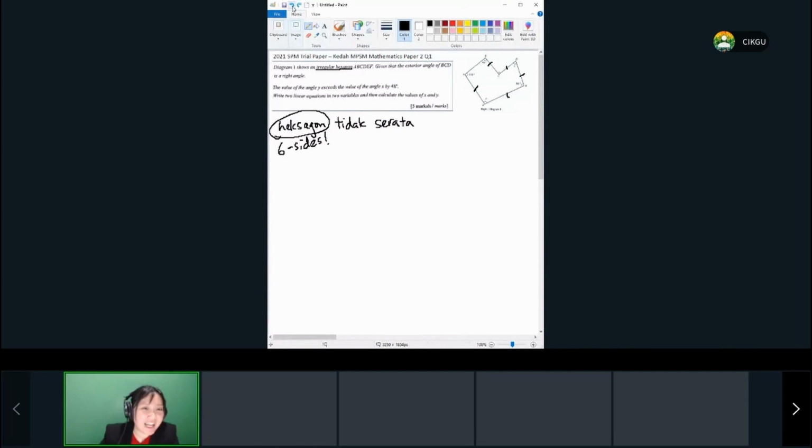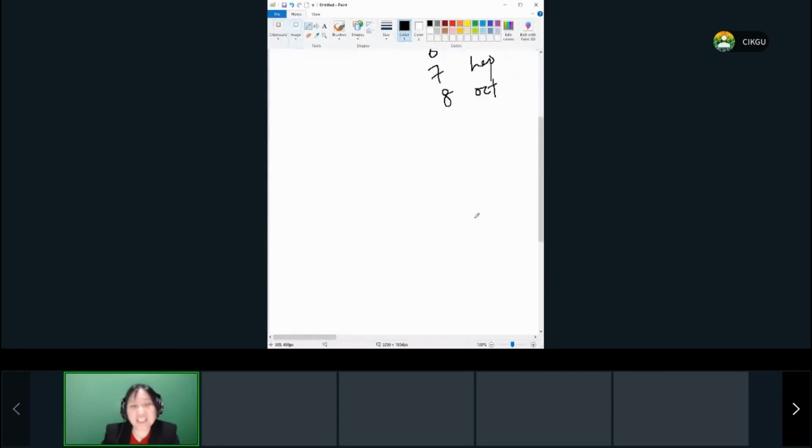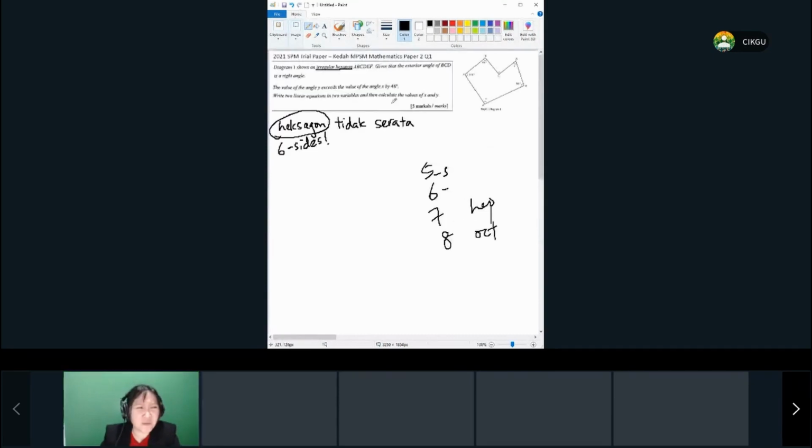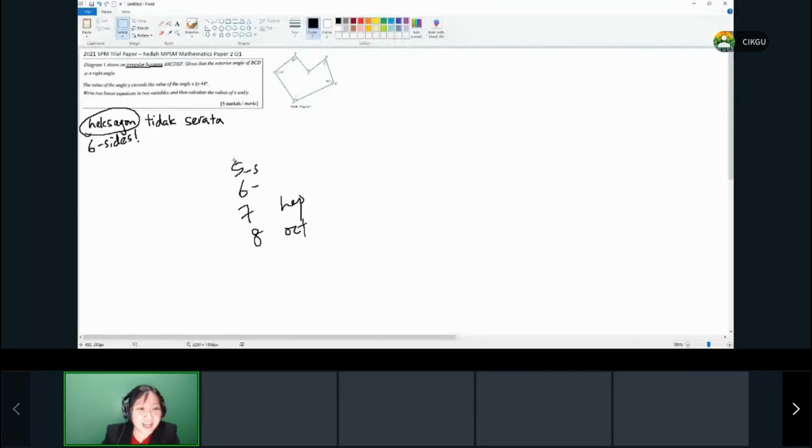I am not going to go into the names of different polygons. Like 5 sides is called pentagon, 6 sides is hexagon, 7 sides is heptagon, 8 sides is octagon. I think you learned this in lower secondary, the names. You should know.